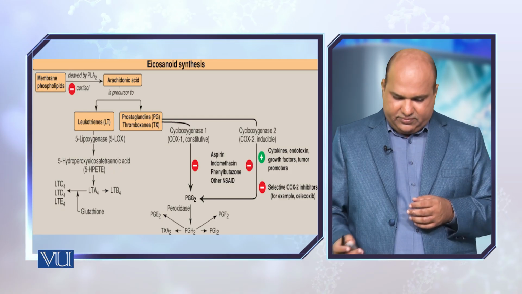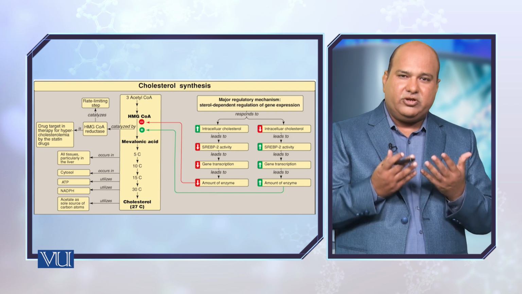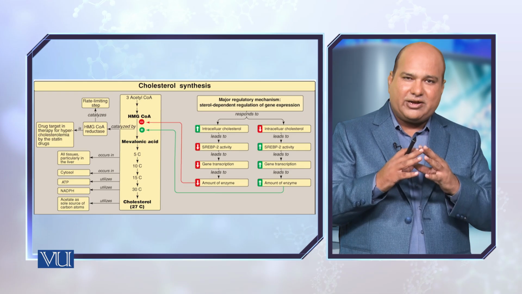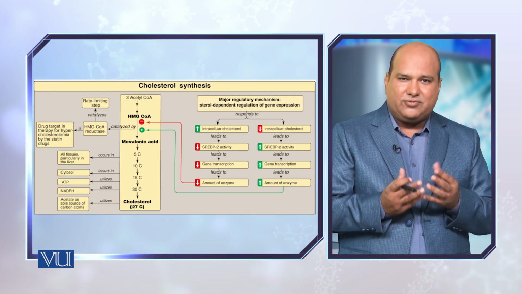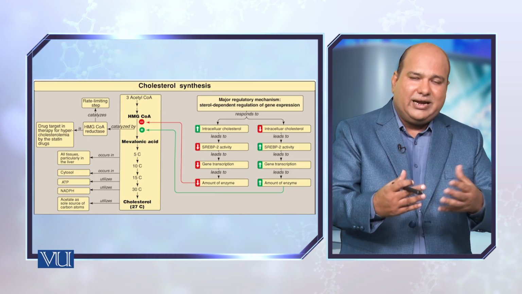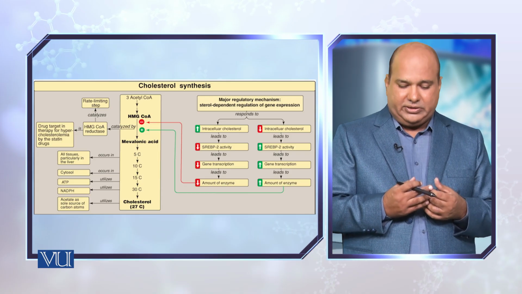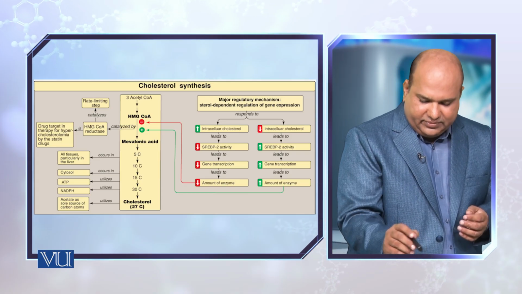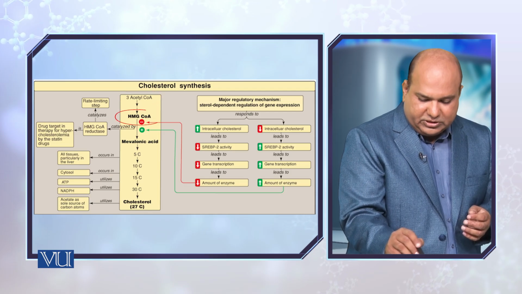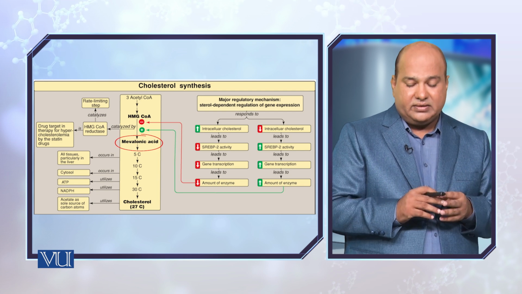And then we had a very important lipid molecule, cholesterol. Its synthesis is quite a complex pathway, and a lot of energy is required to synthesize cholesterol, but it also shows the importance of this molecule. As far as formation is concerned, 3 acetyl CoA give rise to HMG CoA, which gives rise to mevalonic acid, in a rate limiting reaction.